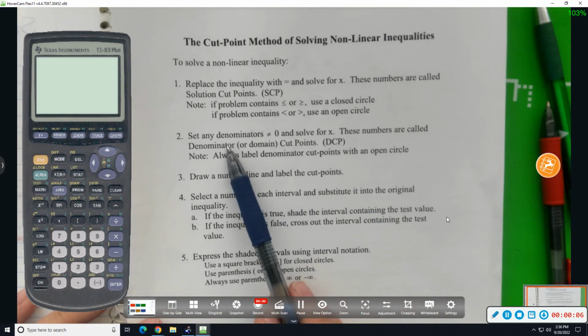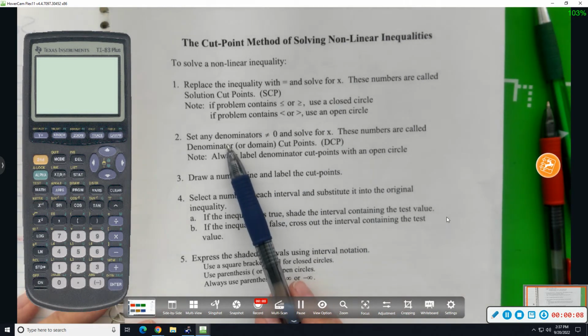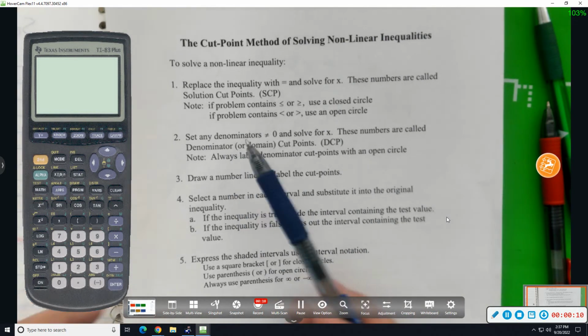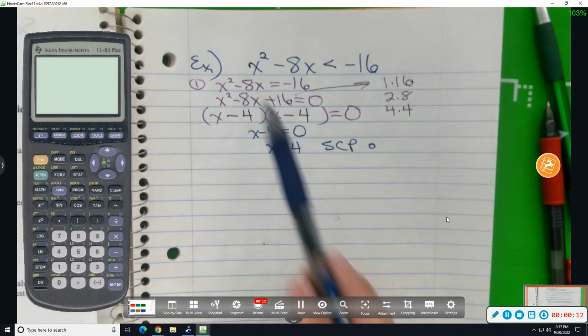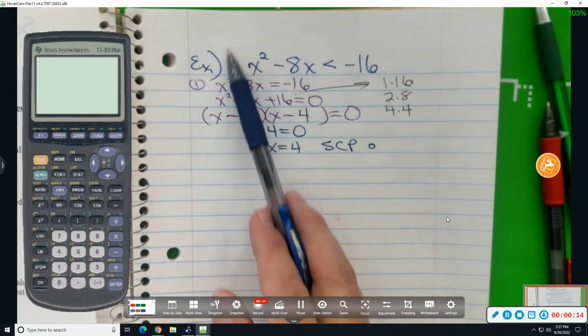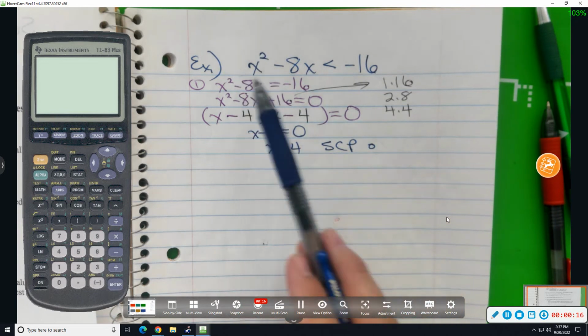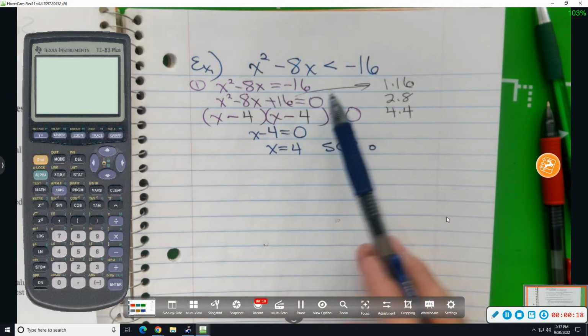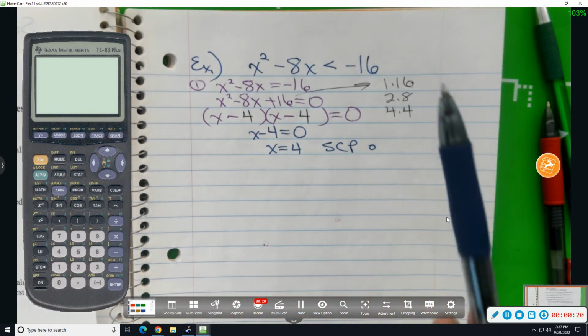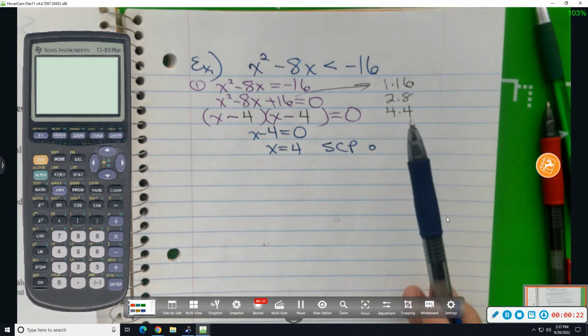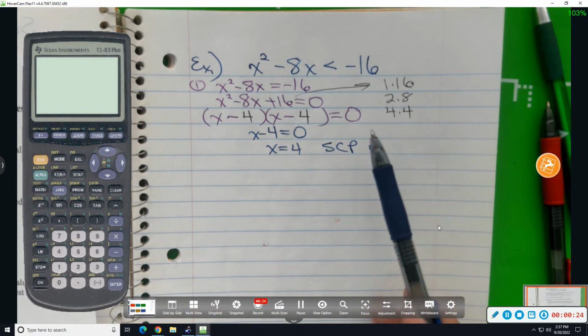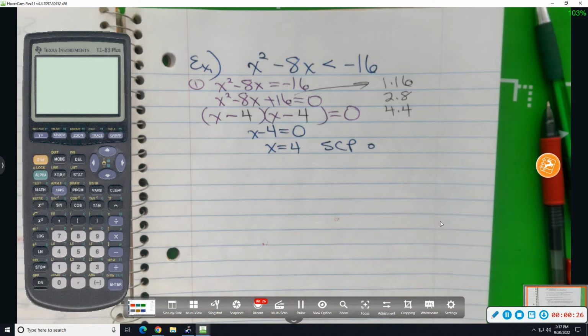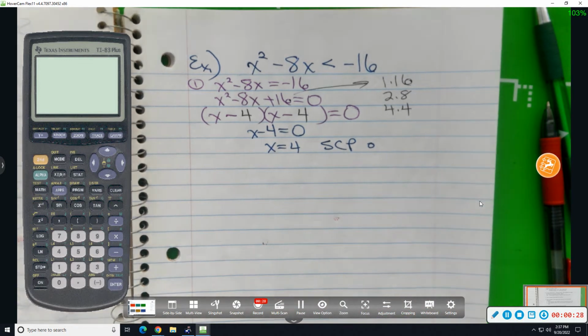Keep going, Tim. Set any denominators not equal to 0 and solve for x. Looking at this problem, what do we conclude about denominator cut points? In order to have denominator cut points, your original inequality must have... What's the big difference between this problem and the previous problem?